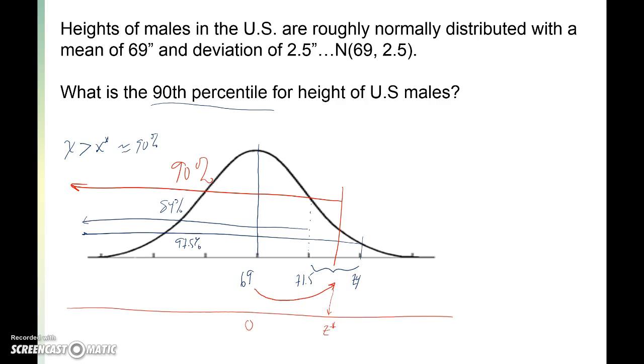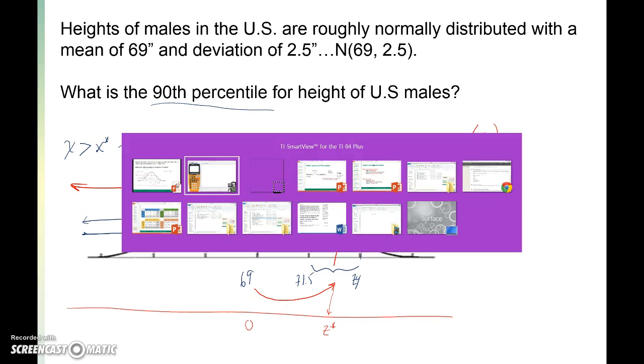And then I'm going to change that to my value. So I need to figure out what is 90% below in terms of z. That's where I'm going to use my inverse norm function. And that's going to give me the z-score associated with that.